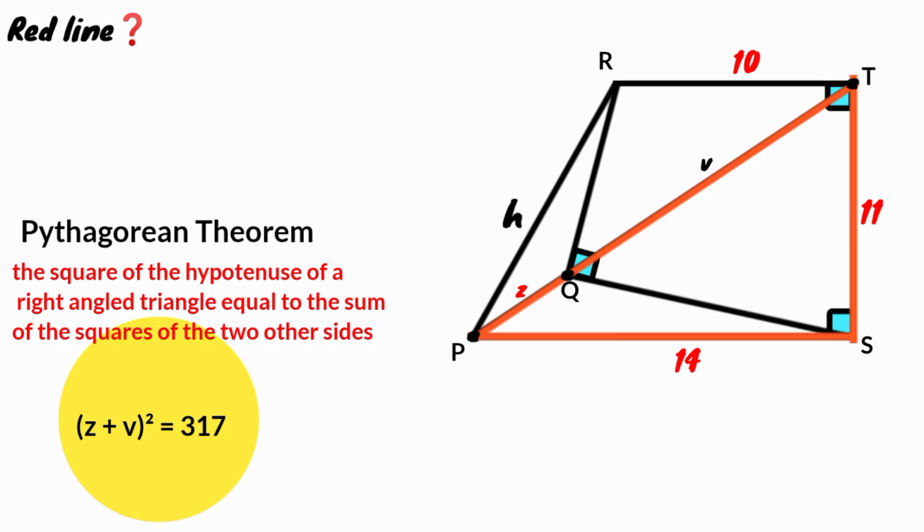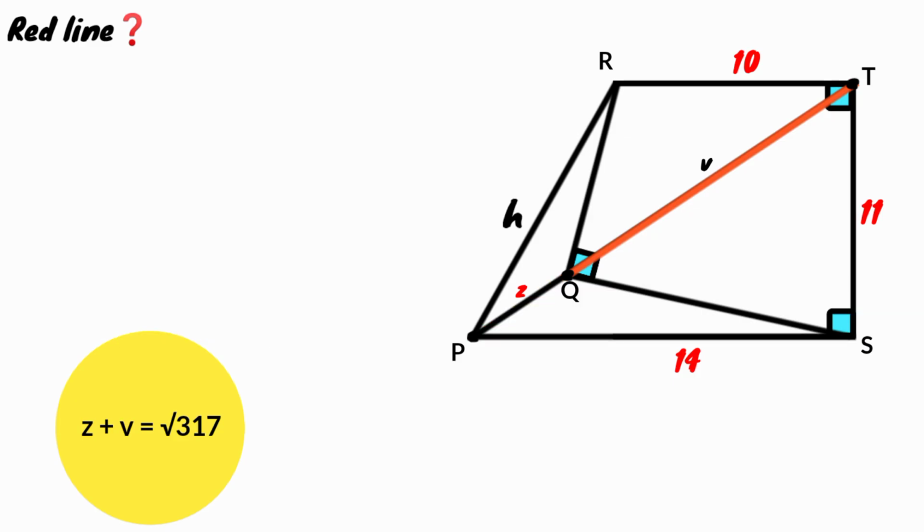Take the square root of both sides. Here, the square root of (Z plus V) all squared is Z plus V, while here, the square root of 317. Since 317 is a prime number, we let it be. So Z plus V equals the square root of 317. Keep this aside.